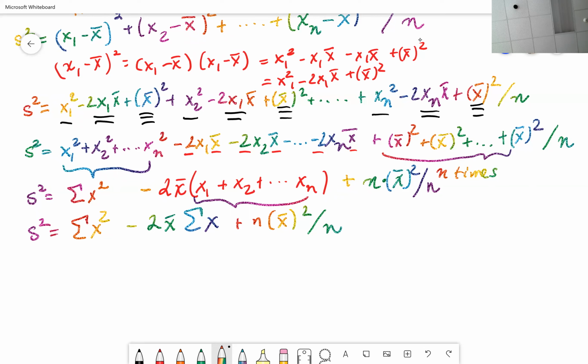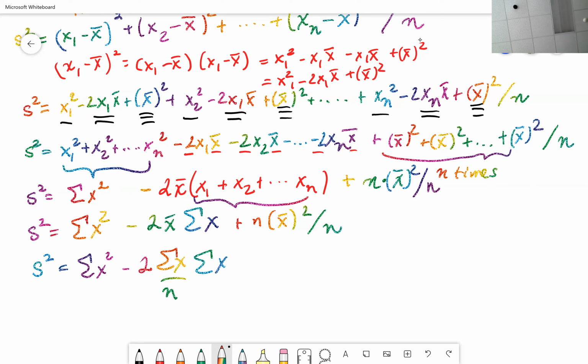Now, let me continue here. If you take a look at this carefully, something should be jumping out at you. For instance, I can write the sum of x squared here, but then I can write that this x bar is the sum of x divided by n, times the sum of x. You saw what happened there?